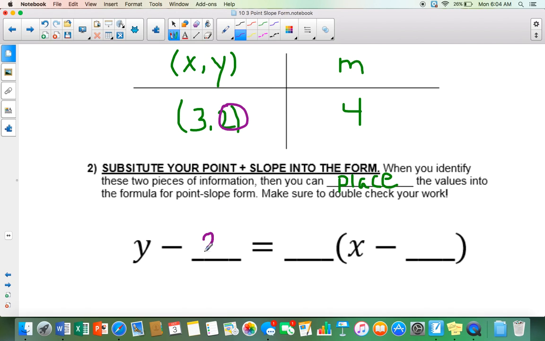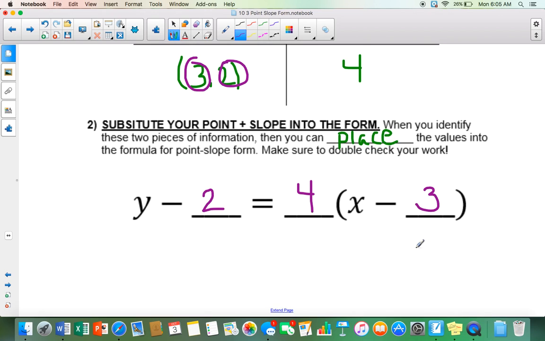So y minus 2 equals m, which is our slope, 4 times x minus x1. Well, we know up here, our coordinate point we're using has an x value of 3. So we just placed our information directly into the equation, nothing super fancy, okay?